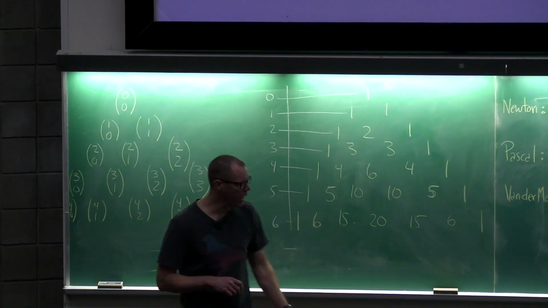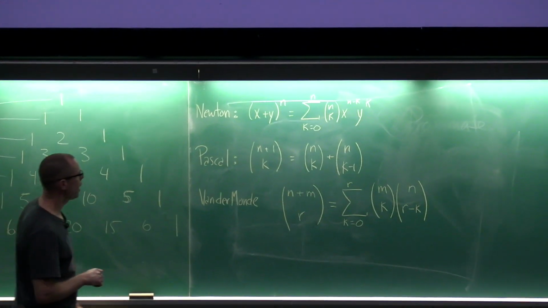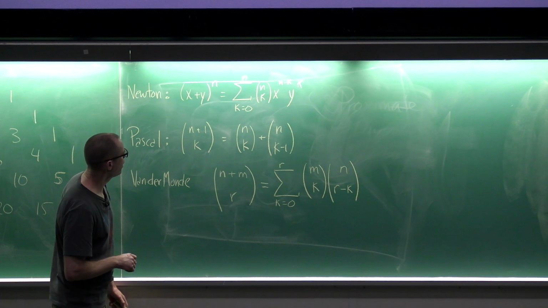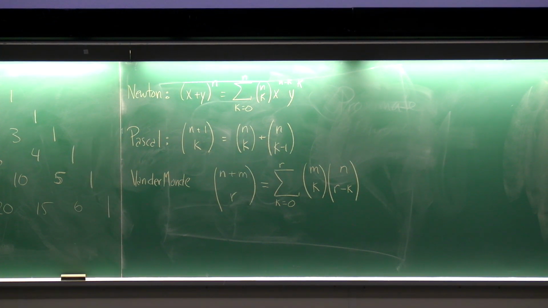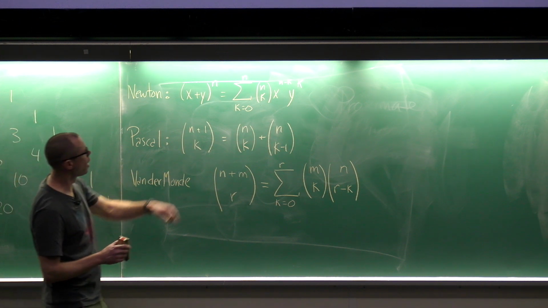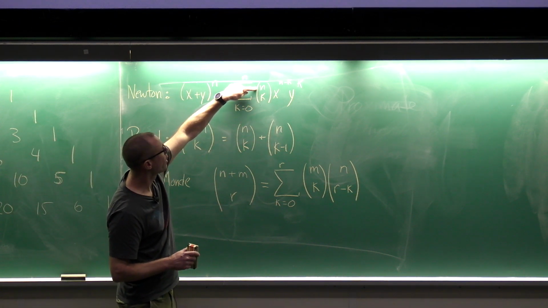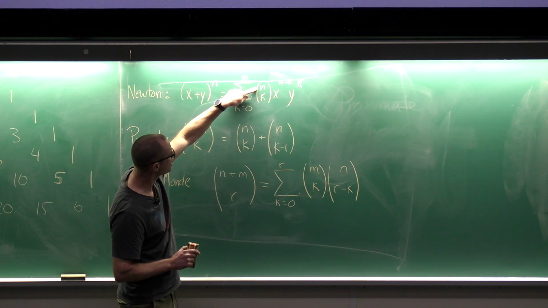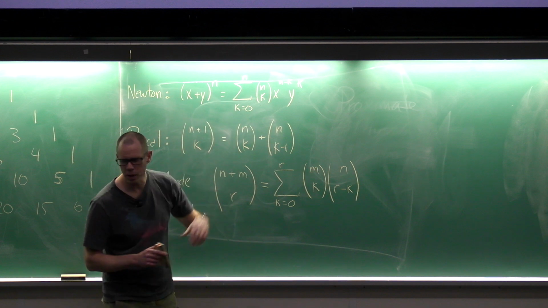And it says that x plus y to the n is equal to this sum here. For example, if I look at x plus y to the 6, the coefficients in the sum all come with an n on top, so n is 6 in this example, and it runs through all the values of n choose k.